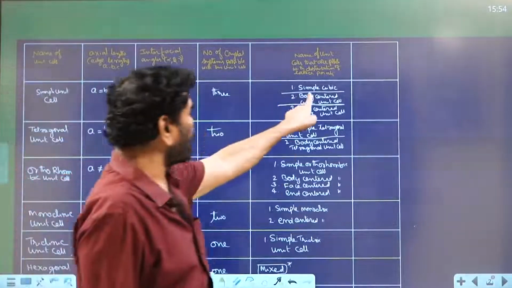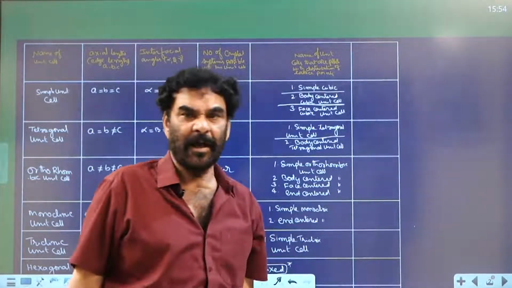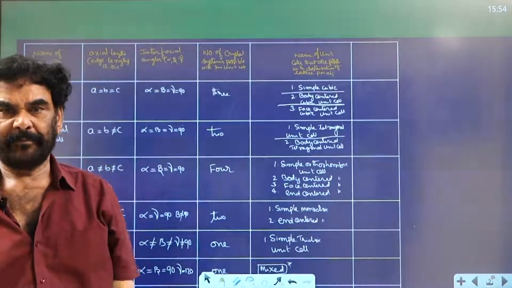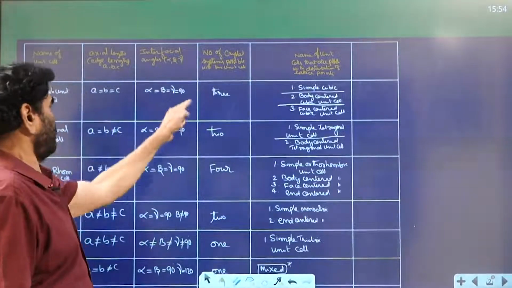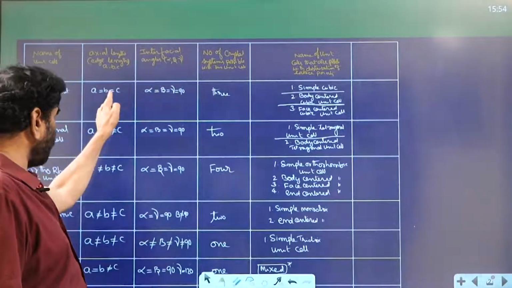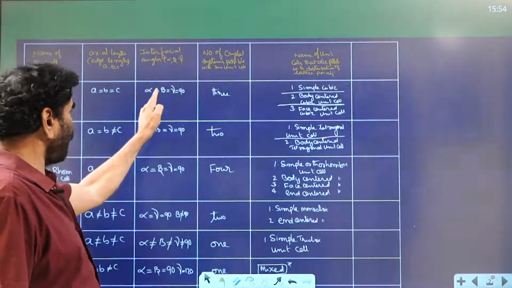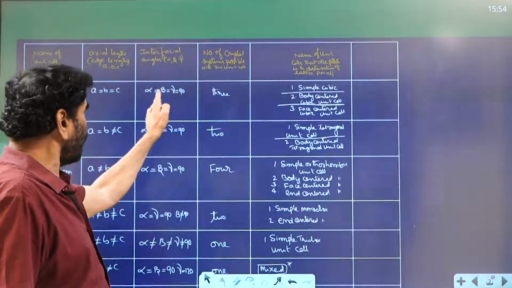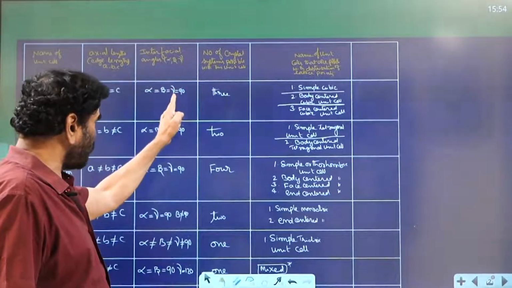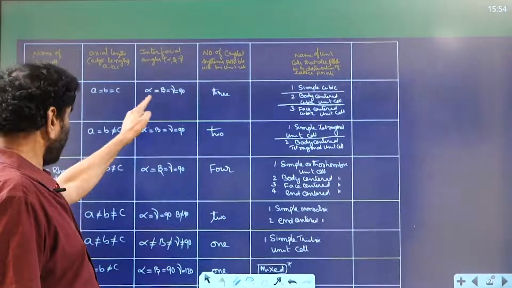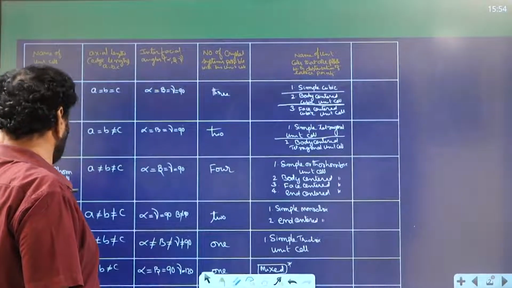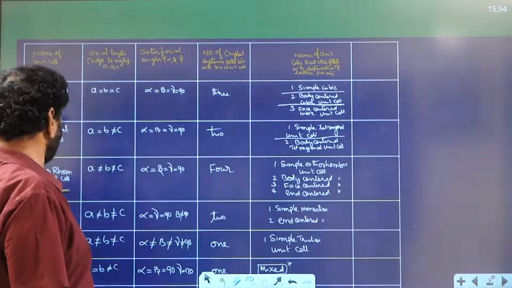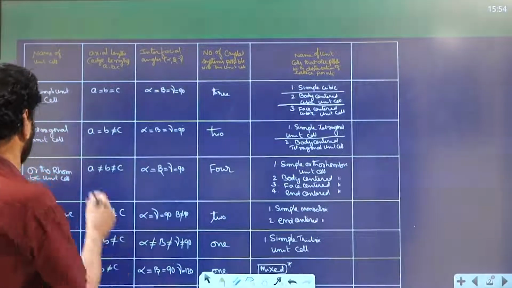In that case, it is called a simple cubic unit cell. With these cell parameters, a = b = c and alpha = beta = gamma, the resulting unit cell is the simple cubic unit cell.